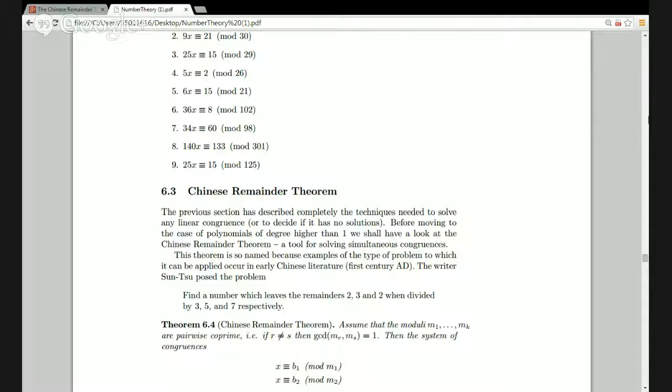Okay? So for solving the general kind of problem, we'll have to do this lifting process for each of these i equals 1 to r, for each of these polynomial congruences there.